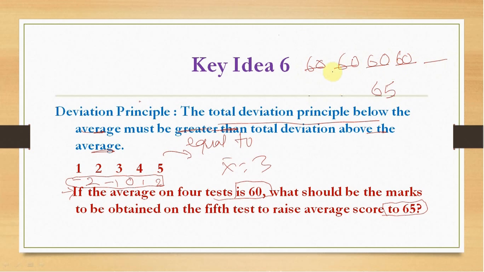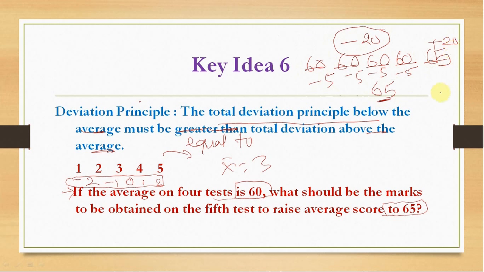Now what are the negative deviations below the mean? 60 minus 65 is negative 5, 60 minus 65 is negative 5, negative 5, negative 5. So the total deviation below the mean is negative 20. The deviation principle tells us that the positive deviation should be 20.